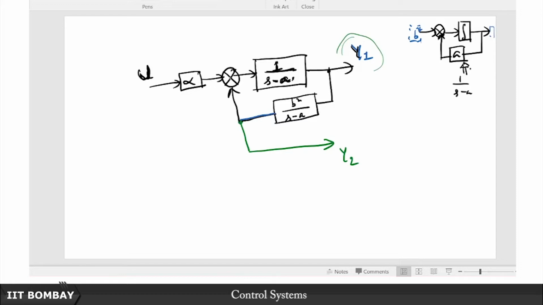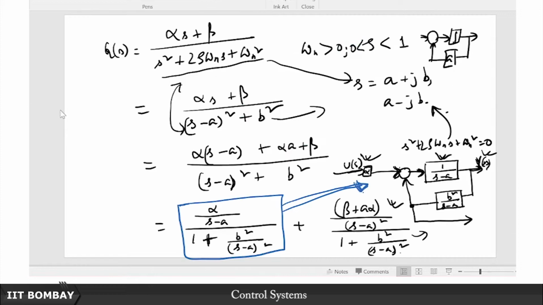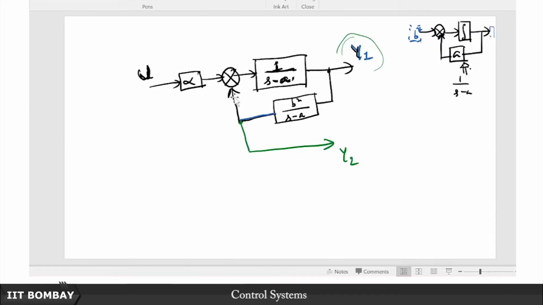So what is the forward path transfer function? It is 1 by s minus a whole squared into b squared. So this is the forward path transfer function. What is the feedback path transfer function? It is just unity, because this is where the output is coming out for y2. So in the feedback loop, what is there? Just unity.